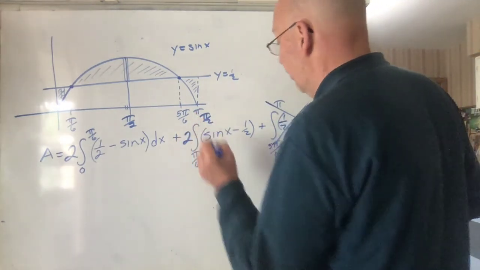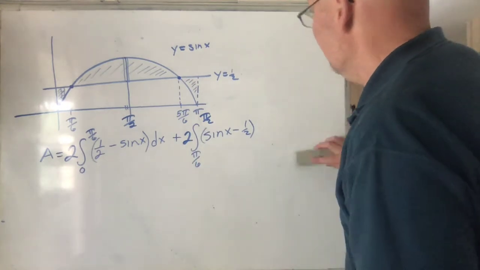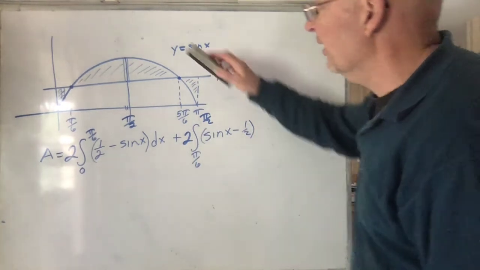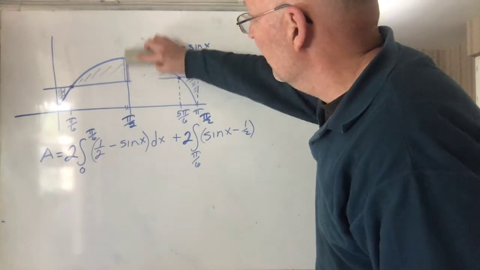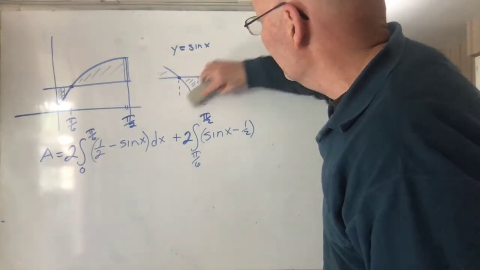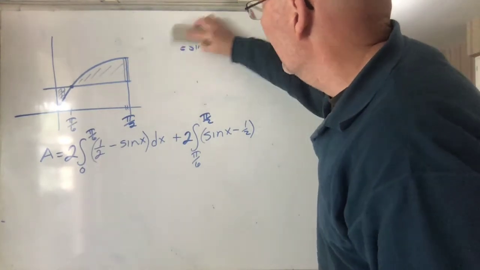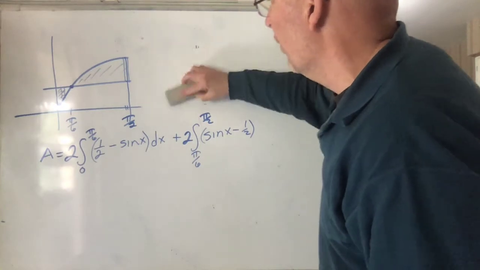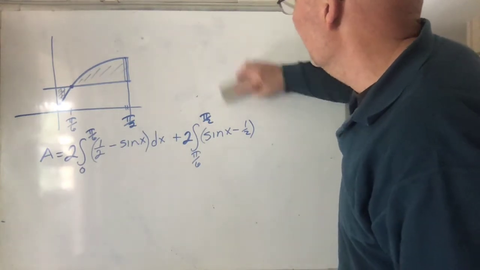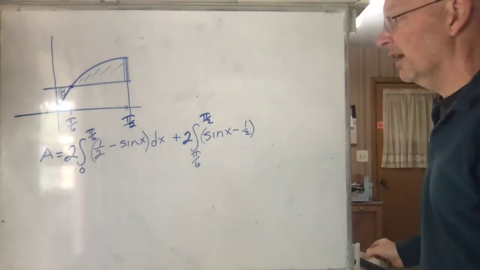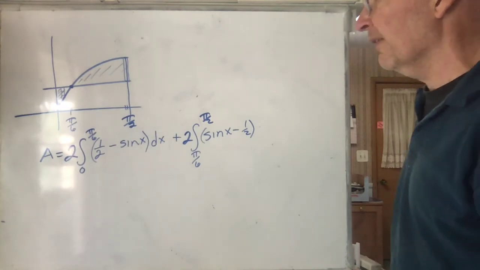And then we'll take 2 of those. See that? So now we're just looking at this region right there, and we're just going to double it. And by doubling it, we're going to get what we want. Okay? So let me just get rid of that. So that's what we're after.